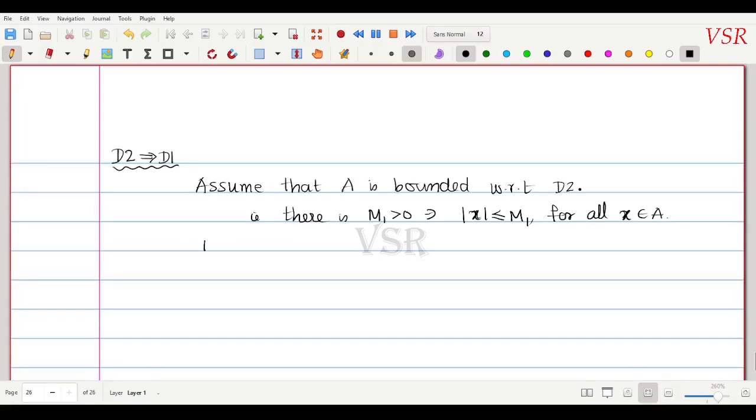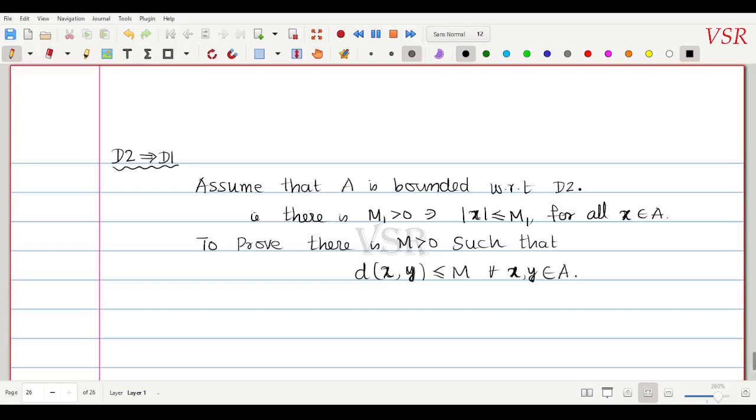To prove: there is some M positive such that the distance between x and y is less than M for every x, y, vectors x and y belonging to capital A.